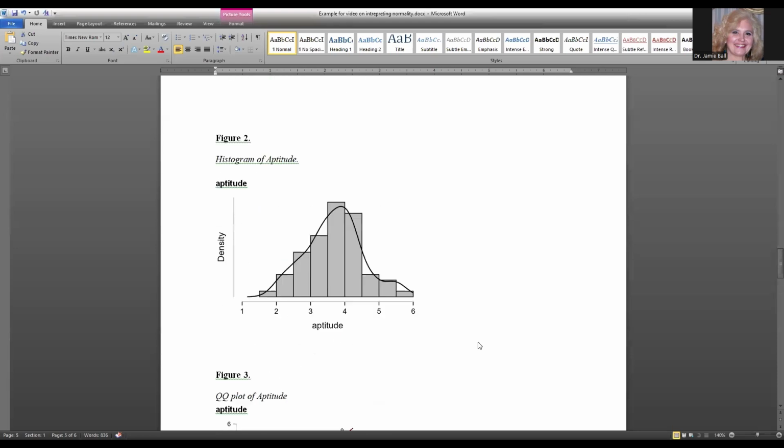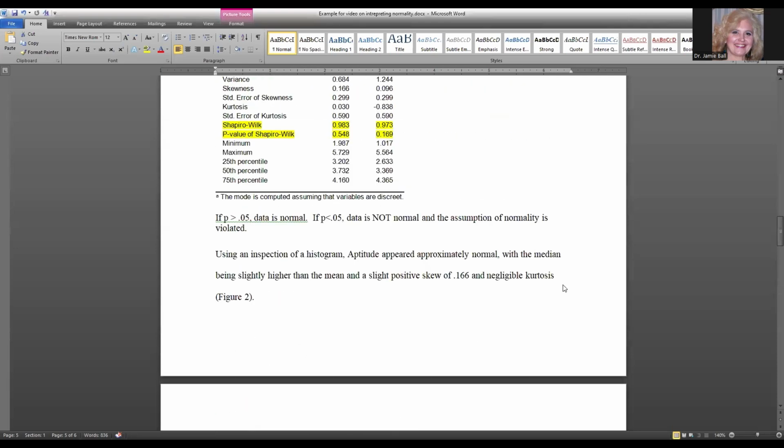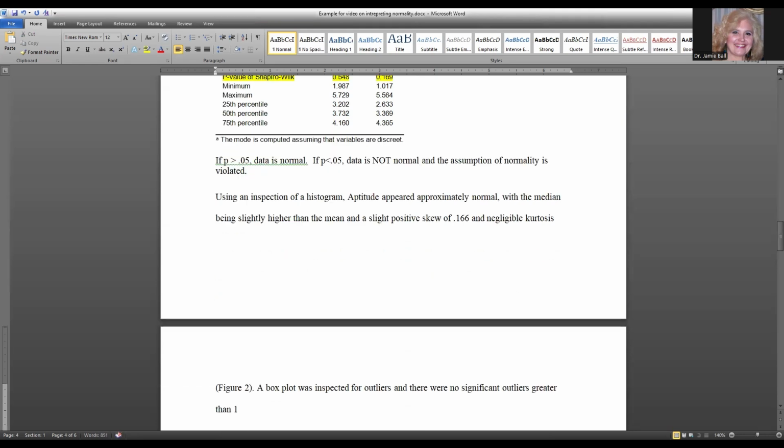Now, if I wanted to report this outlier, I would just simply state that a box plot was inspected for outliers and there were no significant outliers greater than 1.5 steps away from the box.